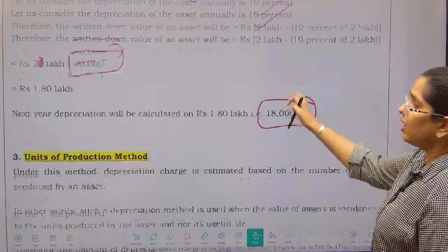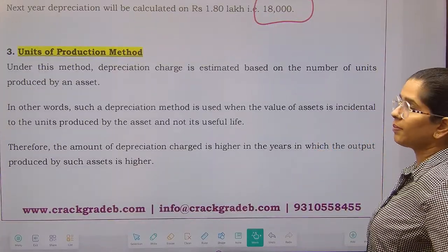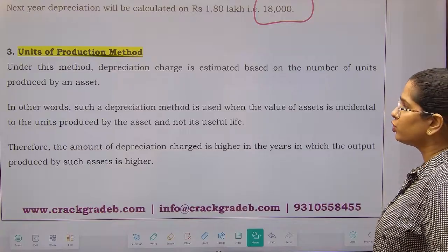Next we have the units of production method. Under this, the depreciation charge is estimated on the basis of the number of units produced by the asset.